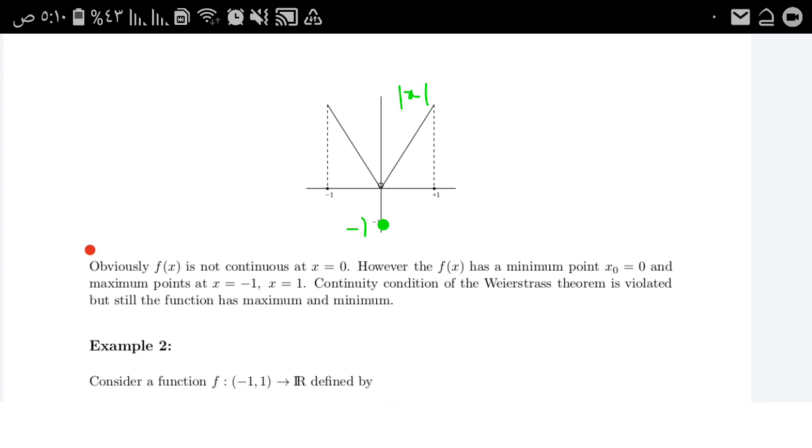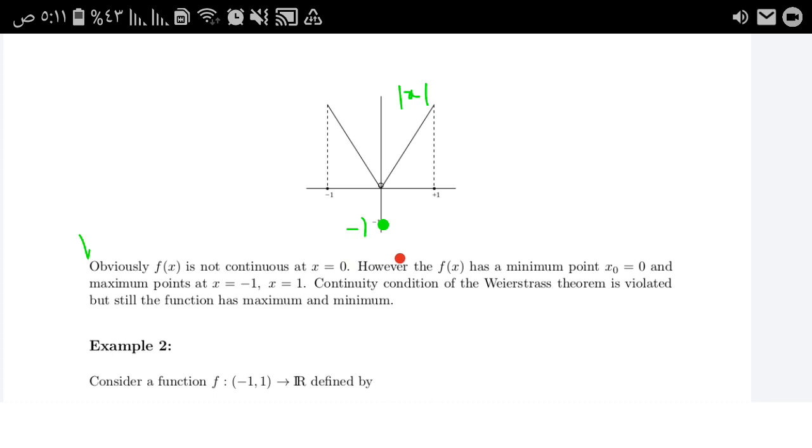Let me read this part. Obviously, f(x) is not continuous at x equal to 0. This function is not continuous at the point 0.